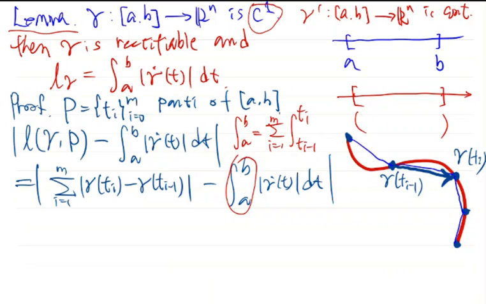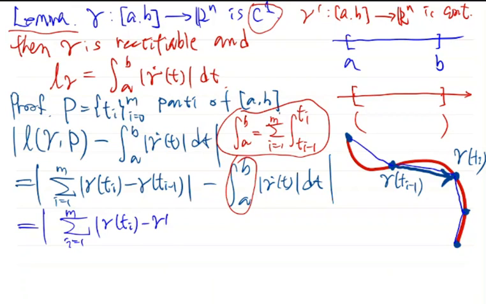We use this well-known summation property of the integral, so this can be rewritten as a sum of integrals over [t_{i-1}, t_i].